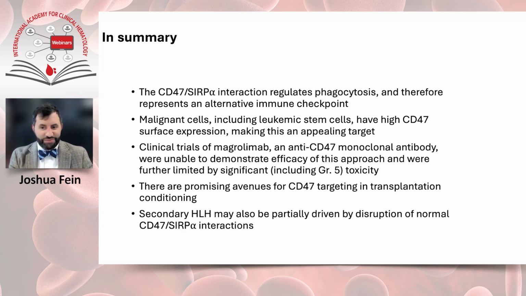There are some promising avenues, I personally think, for CD47 as a target in transplant conditioning and other ways that it can be used in the setting of transplant, where perhaps some of these infectious concerns and cytopenias that are potentially associated with CD47 blockade may not pose a huge safety problem because it's going to be in the setting of already completely myeloablating, or at least attempting to completely myeloablate.